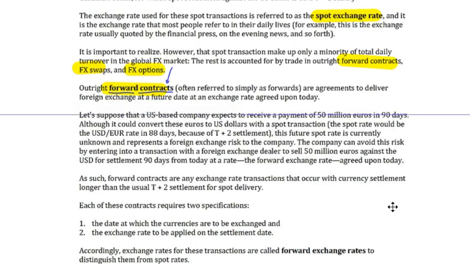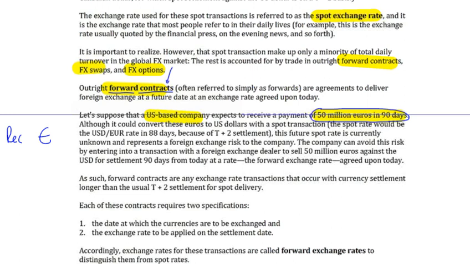A US-based company is expecting to receive 50 million euros in 90 days' time. Okay, so we know when they receive those euros, and again, let's just look at the transaction again. So they are going to receive euros, okay, 50 million euros in 90 days' time. But remember, when a US company or a US investor receives euros, they don't want euros.